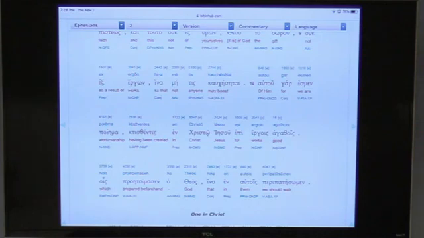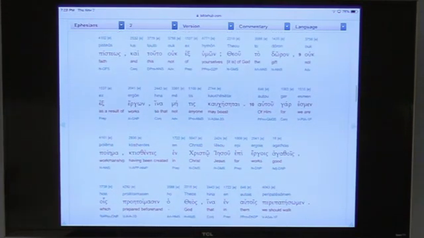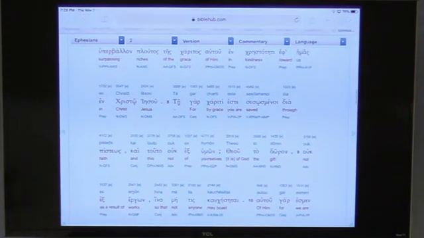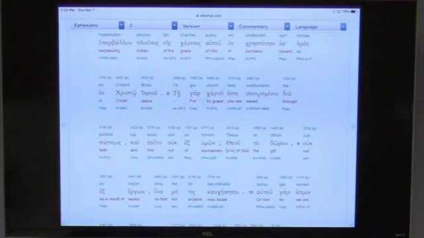Why do they put the article te in front there, but it's not really translated? Which verse are you in? Verse 8. The sentence starts off with a dative. Right.